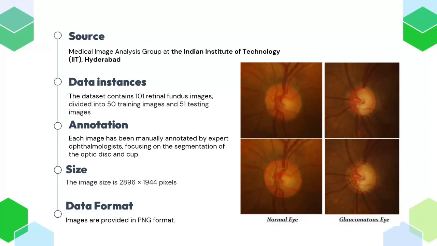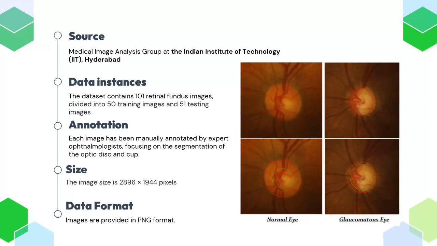These images are high resolution, ensuring the detail necessary for precise segmentation, and are stored in PNG format with each image paired with its corresponding annotation mask. This dataset's quality and specificity make it a valuable resource for training and evaluating the model.